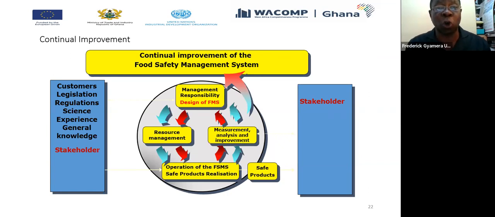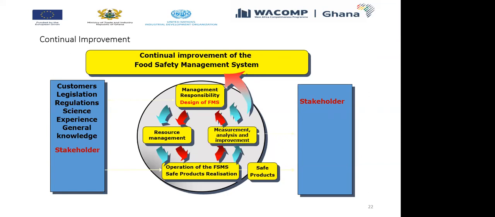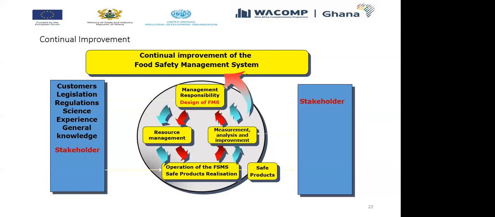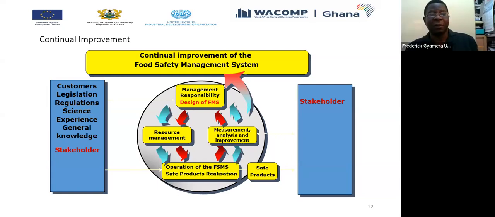If you want to stay on top of your operations, come out as the preferred choice, irrespective of what you produce. You should consider that, and you should try to acquire knowledge from this sector. Management responsibility. How do you define and design your food safety management system?